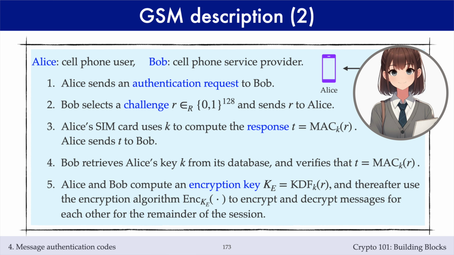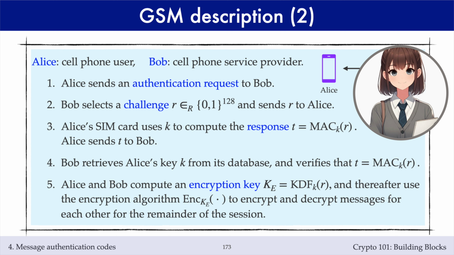I hope you appreciate that GSM security is conceptually quite simple. Alice authenticates herself to Bob by computing the correct MAC tags of random challenges issued by Bob. The confidentiality of her communications with Bob is protected by the use of symmetric key encryption.